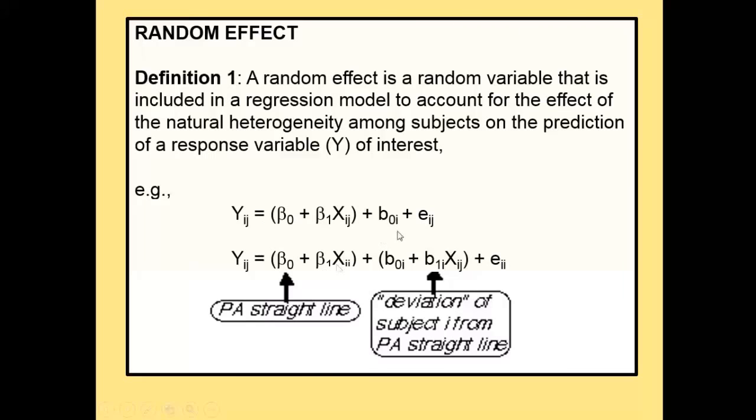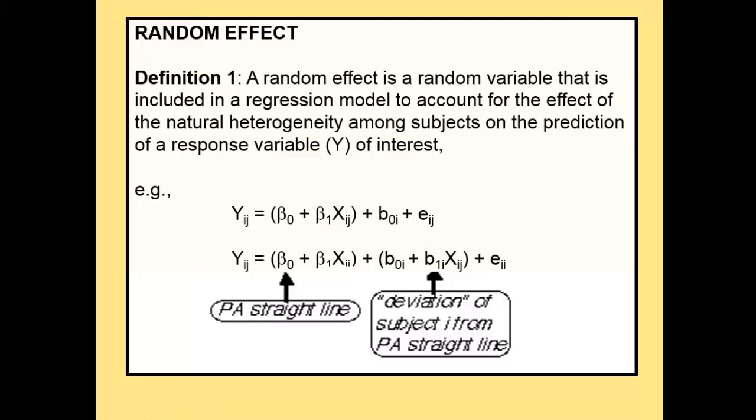Now you notice the B0i and the E represent values that are changing for the ith subject. B0i will be different depending upon whether you're talking about the first or the second or the third subject. Beta 0 and beta 1 don't change.